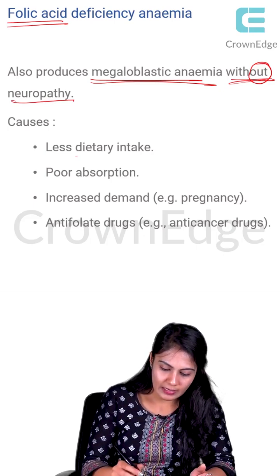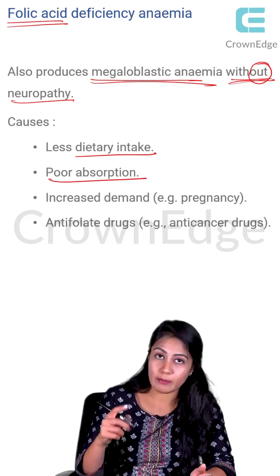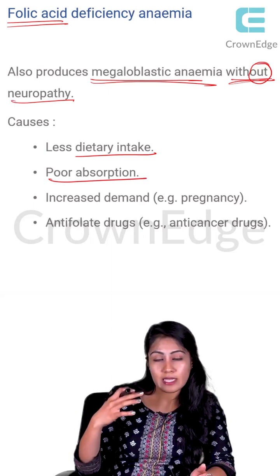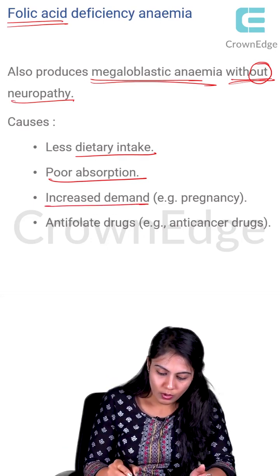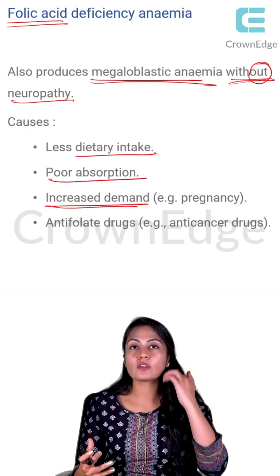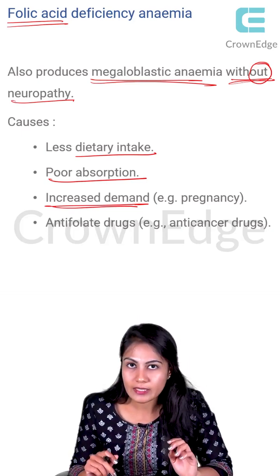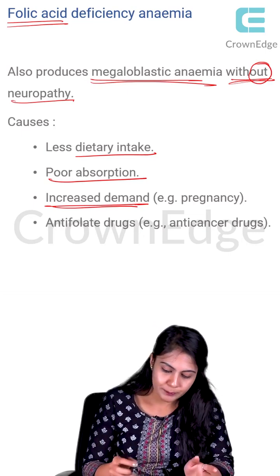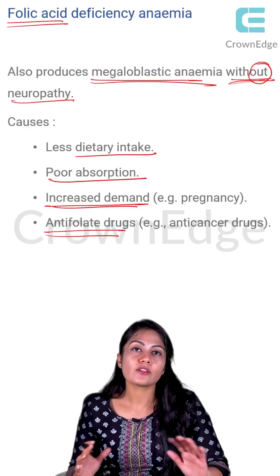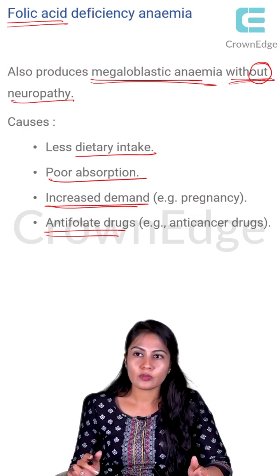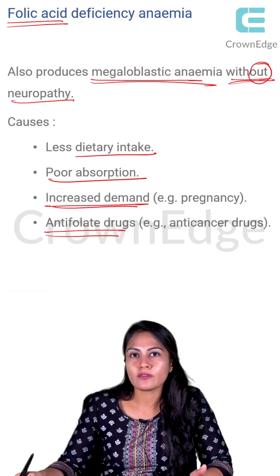The causes are less dietary intake. Dietary intake can be less, or dietary intake is normal but absorption is poor. Or the demand is increased, which happens physiologically in pregnancy and in infants. Or the patient is taking anti-cancer drugs which destroy the folate.